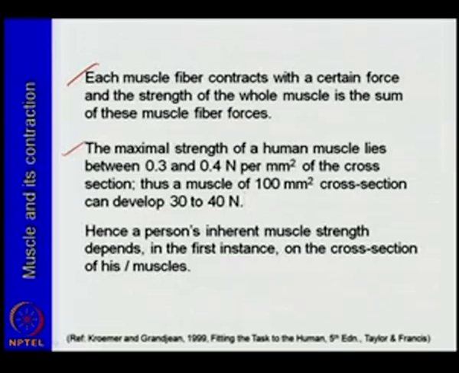Thus, a muscle of 100 millimeter square cross section can develop 30 to 40 Newton force. Hence, a person's inherent muscle strength depends in the first instance on the cross section of his or her muscles.